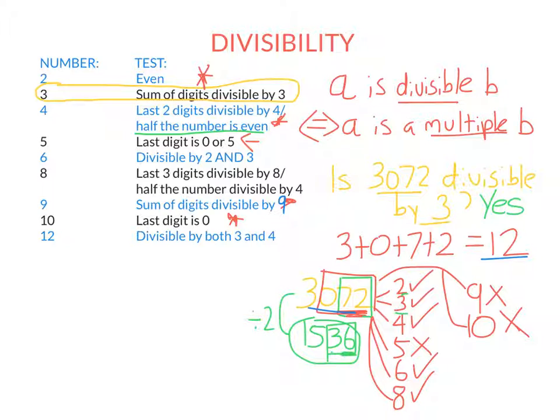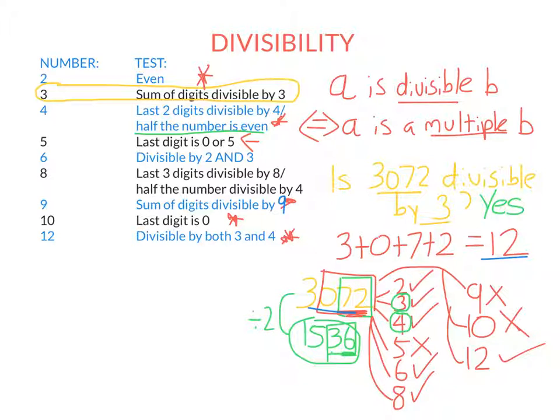And the last test here is for whether or not the number is divisible by 12. So it has to be divisible by both 3 and 4. So yes, it is divisible by 3. It is divisible by 4. We've already checked that. So therefore it must be divisible by 12. So there is a rule here. If a number is divisible by another number, it's divisible by any factor of that number.